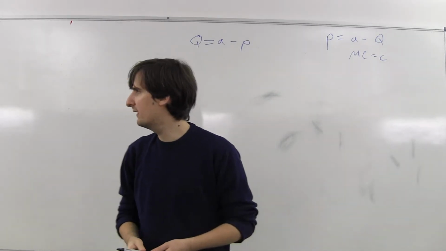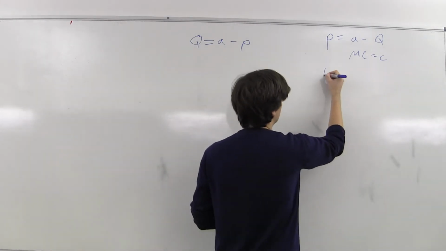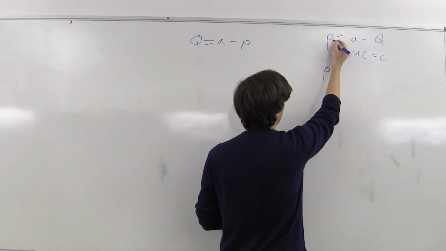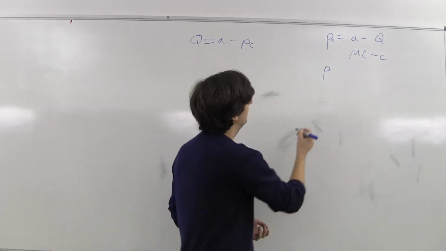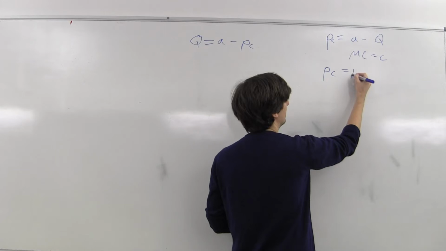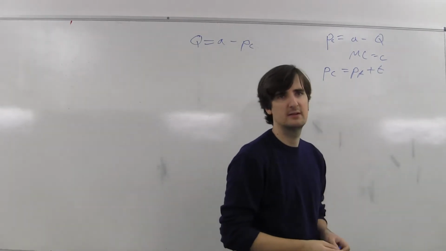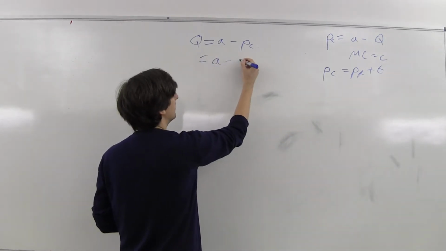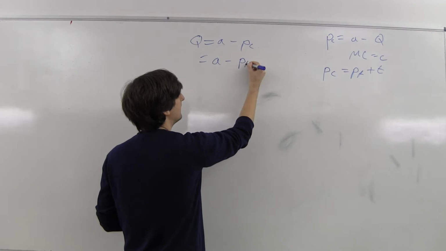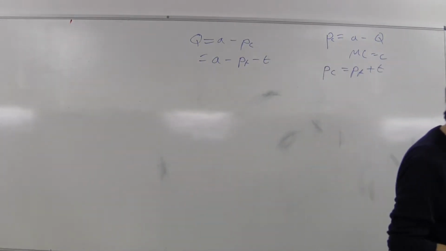So let's call this PC, for the price paid by the consumer. Then PC is the price set by the firm plus the tax set by the government. So this is A minus PF minus T. That's their demand for the product.